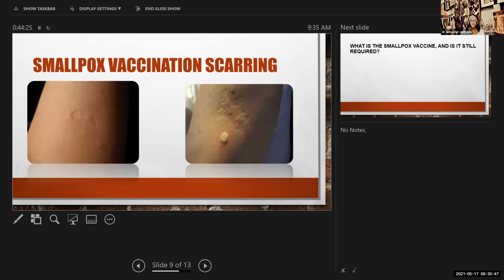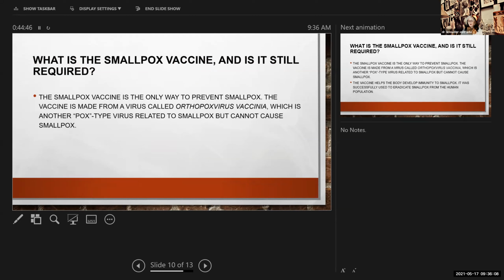So smallpox vaccine is the only way to prevent this, because that's how vaccines are. They are preventative. They don't do really anything too much if you get it after you're already infected. They do something, especially with the DNA ones, but they don't do all that they could if you have them ahead of time.